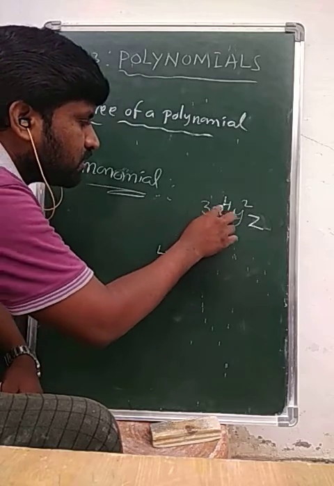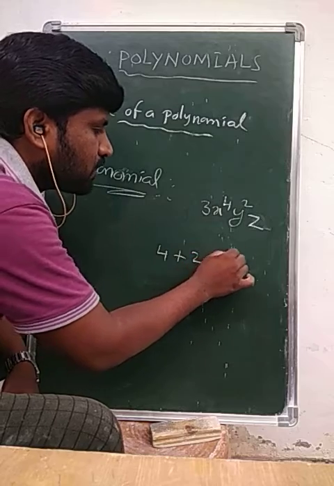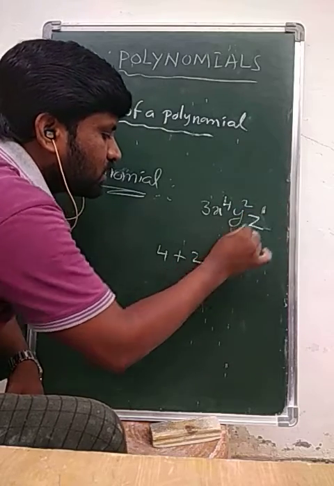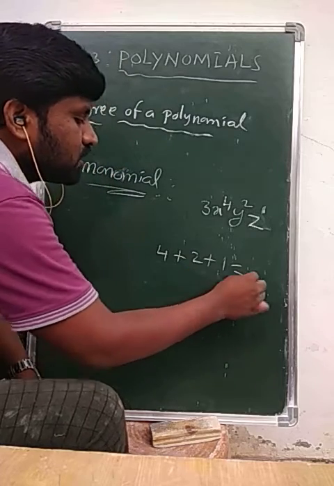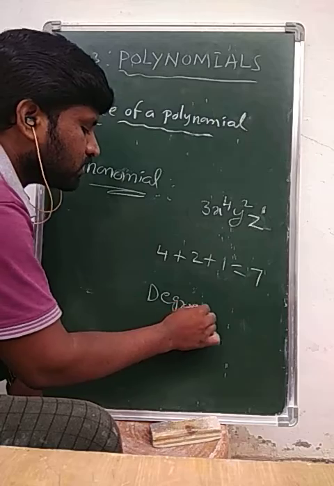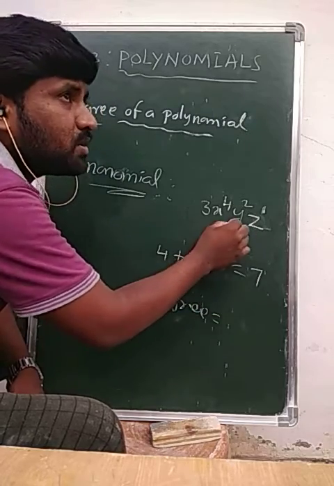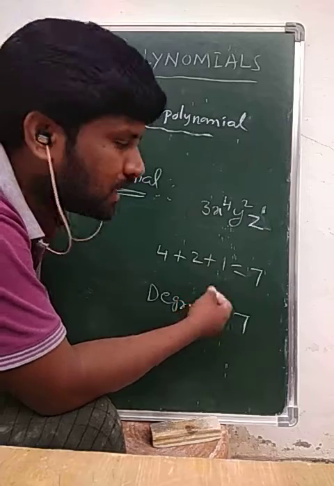That is x power 4, y power 2, plus z power 1. So we get 4 plus 2 plus 1, that is 7. So the degree of this polynomial is 7. Like this we can find it.